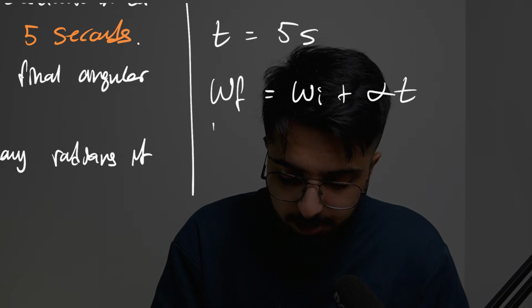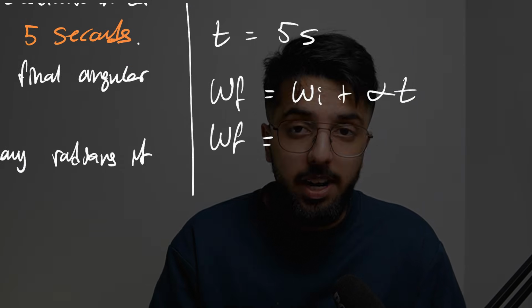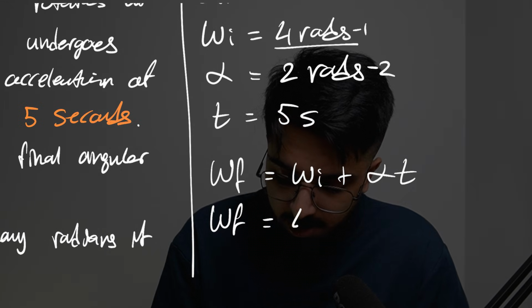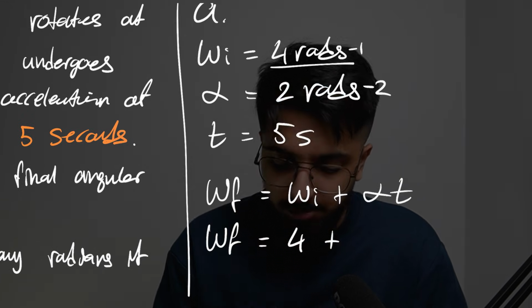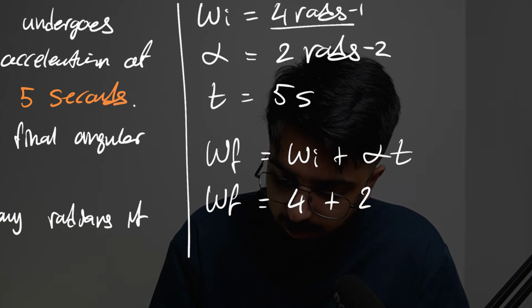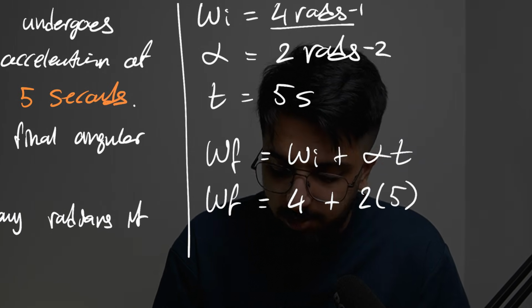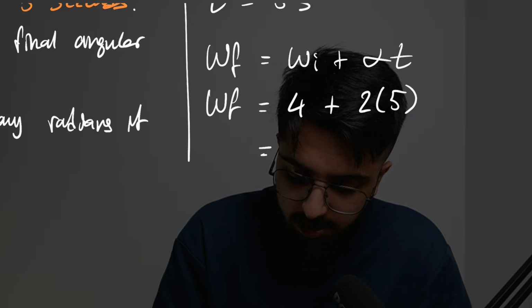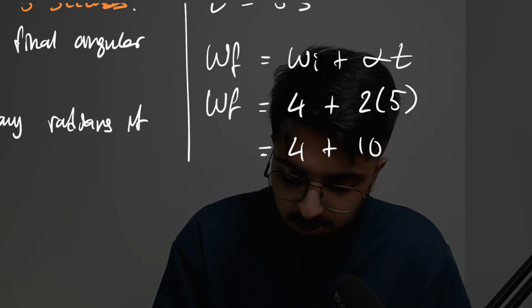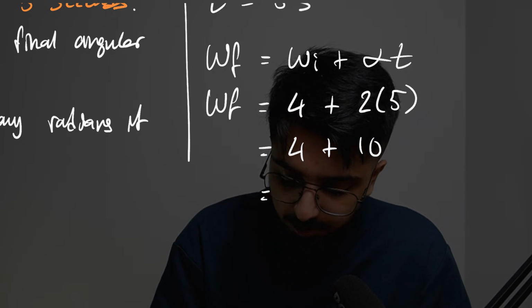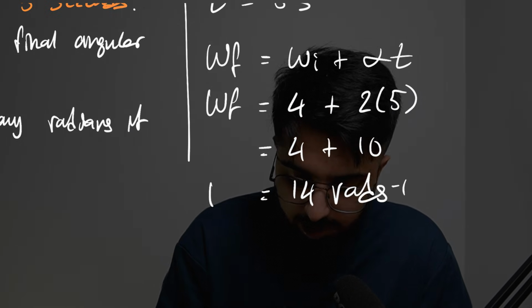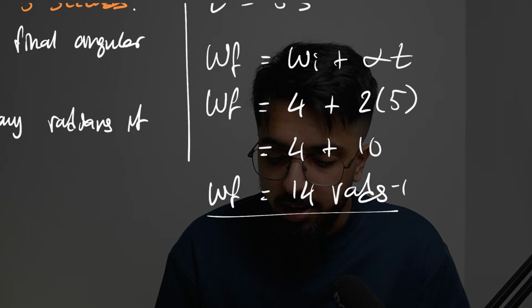So our final angular velocity is equal to omega I, which is 4, plus our angular acceleration, which has a value of 2, times our time, which has a value of 5 seconds. And that means 2 times 5 is 10, and so 4 plus 10 is 14 radians per second. There we go, and that is our omega final.